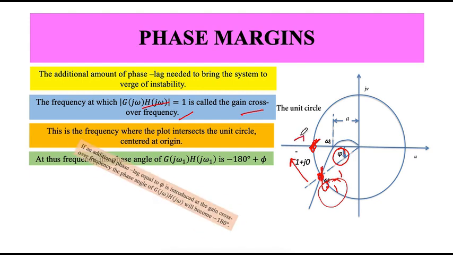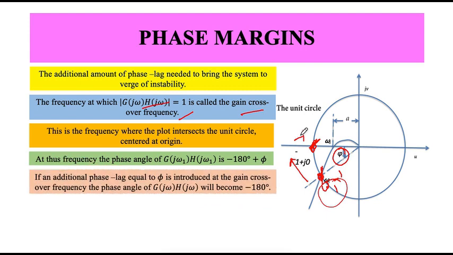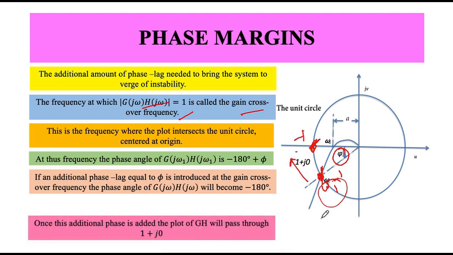Okay, so if an additional phase lag equal to phi is introduced at the gain crossover frequency, the phase angle of GH will become minus 180 degrees. Once the additional phase is added, the plot of GH will pass through minus 1 plus j0.